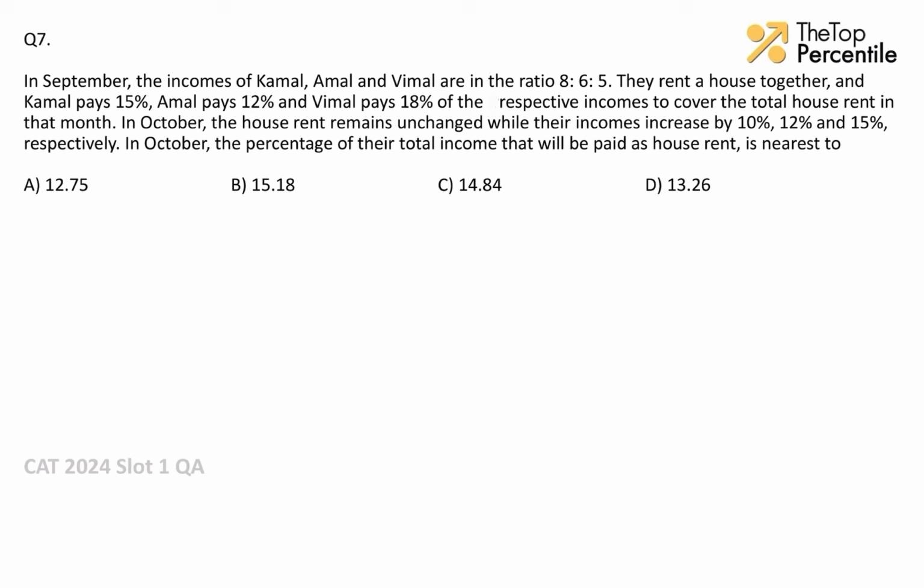Now that we are dealing with percentages here, let me assume the values in the multiples of 100. So I'll take Kamal as 800x, Amal will be 600x, and let Vimal be 500x.